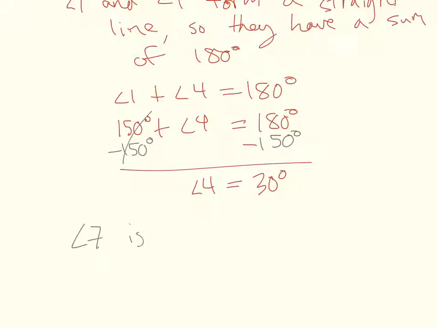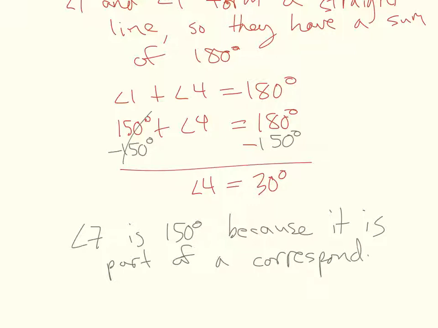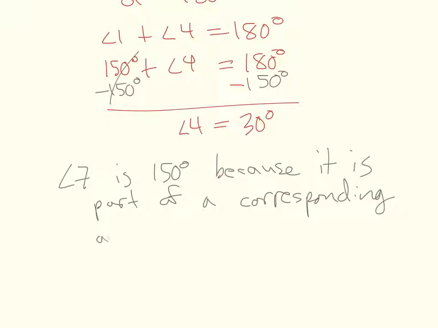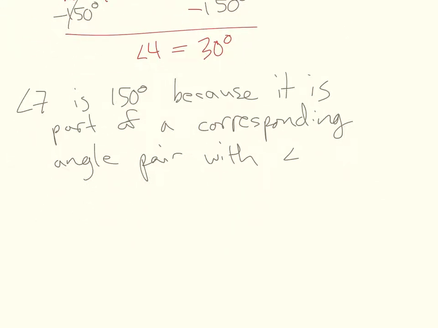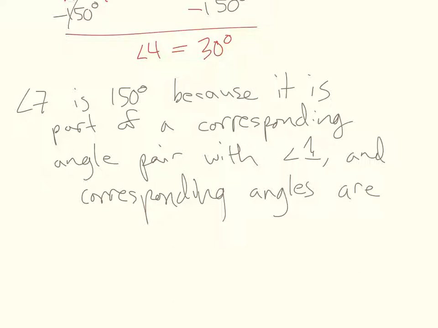So in your statement you can write: angle 7 is 150 degrees because it is part of a corresponding angle pair with angle 1, and corresponding angles are what we call congruent.